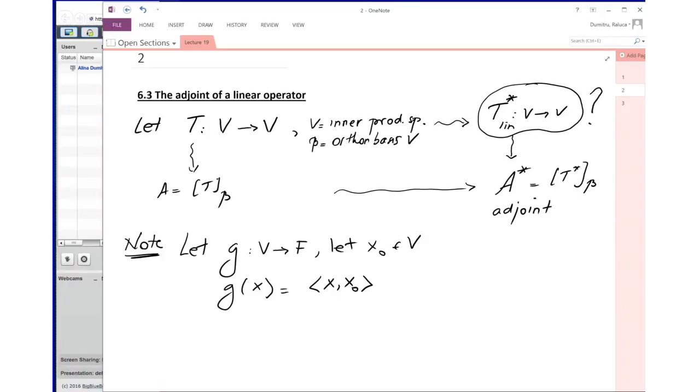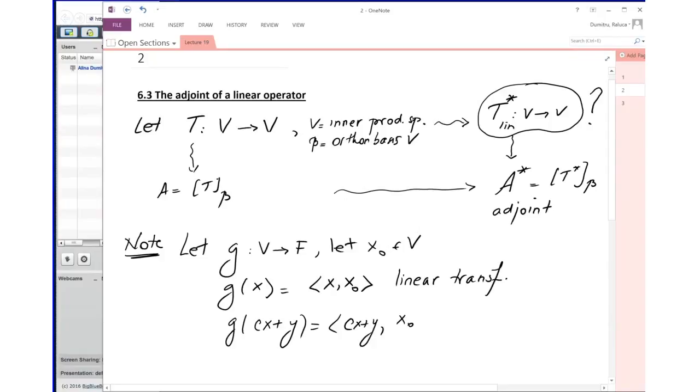It's clearly taking a vector in V into a scalar, because the inner product gives you a scalar in F. And more than that, this is a linear transformation. Why is it linear? Because the inner product is linear in the first variable.